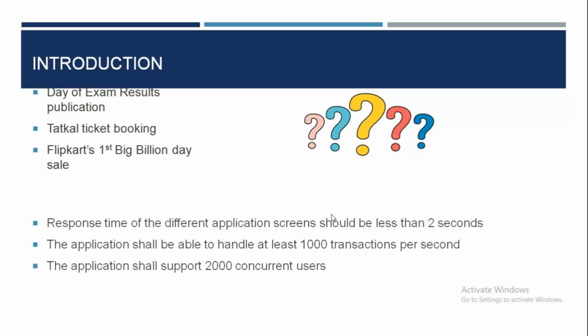Now, take events like Tatkal tickets, exam results, and sales. My application is, let's say, being accessed by a certain number of users, and then when these events come up, my application is definitely going to see a rise in the number of users.